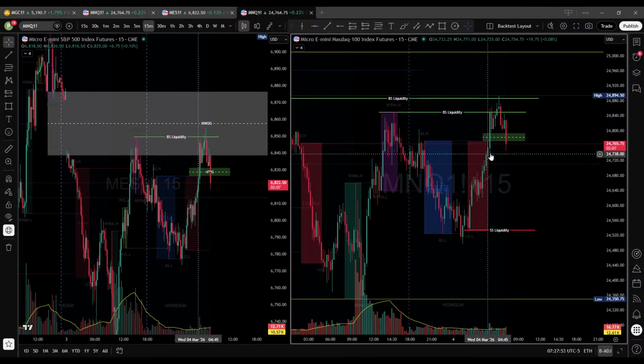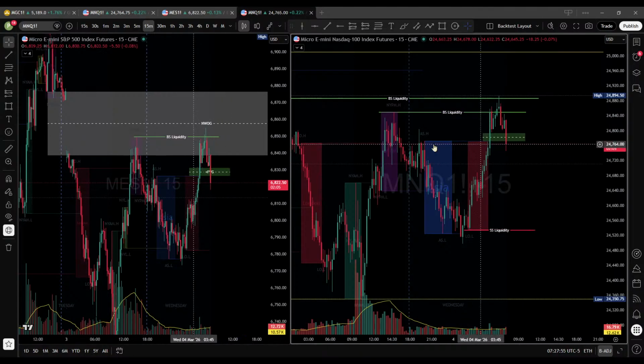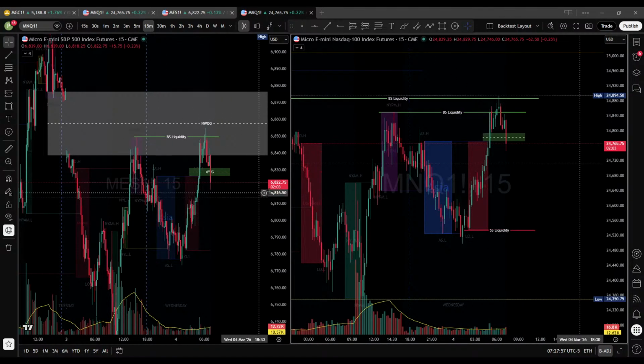S&P is way much weaker than NQ, but this gives us a good example.